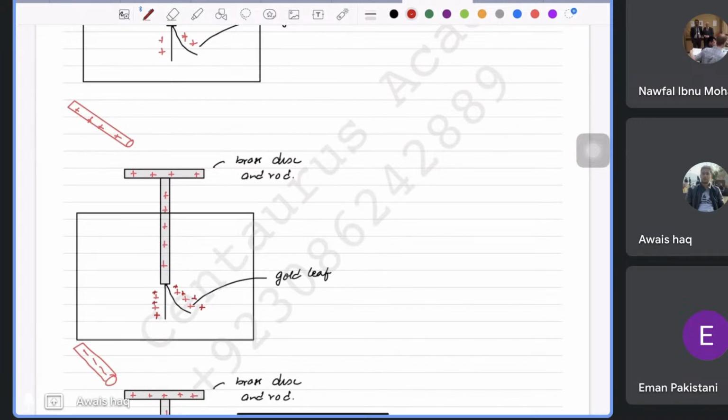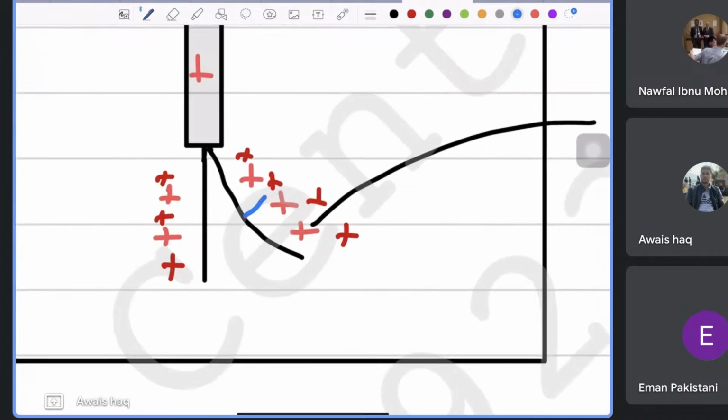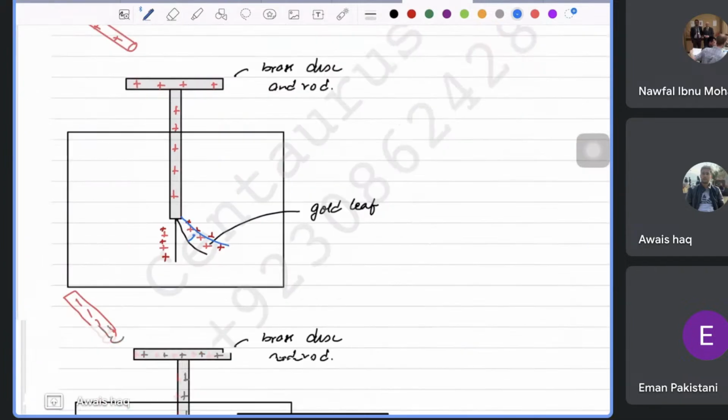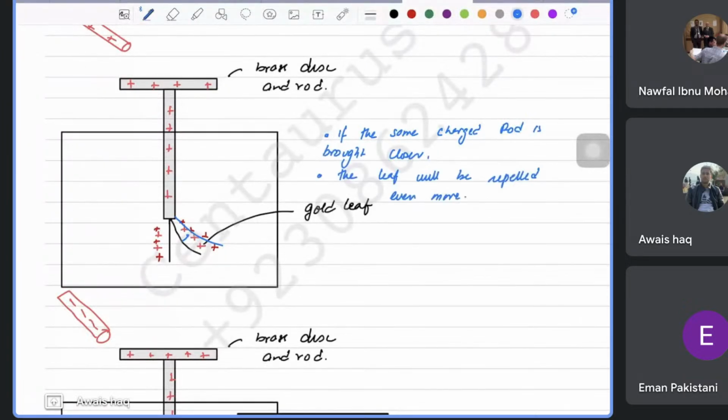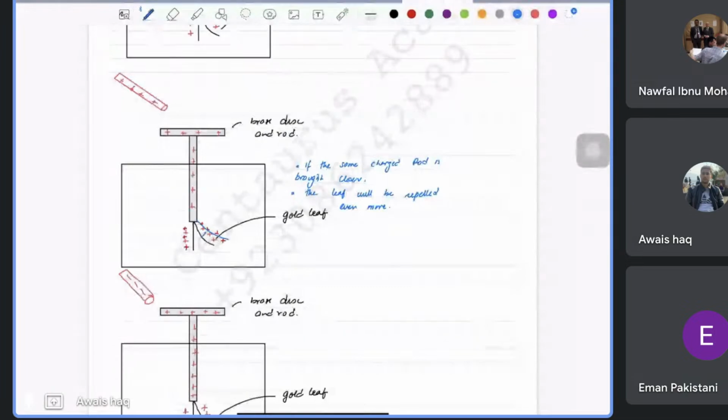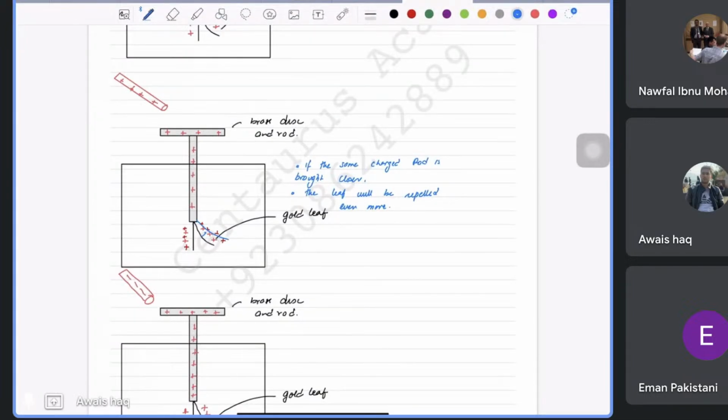That means this gold leaf will be repelled even more. So if the same charged rod is brought closer, the leaf will be repelled even more. The reason is that both charges, the charge on the rod and the charge on the brass disc, are repelling each other. Is it clear, everyone? Any questions?